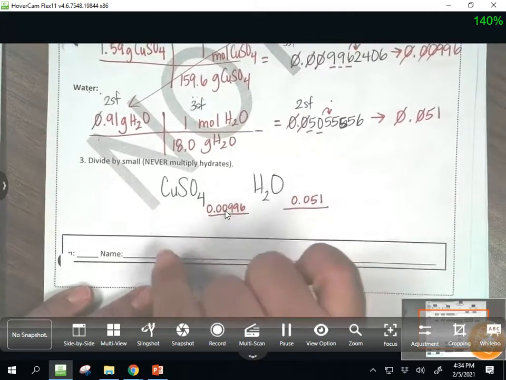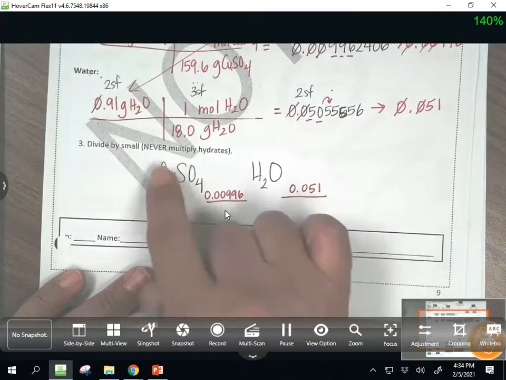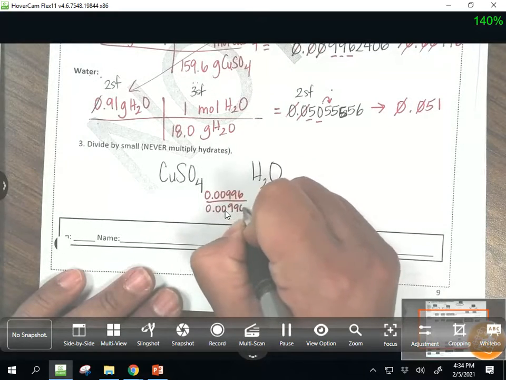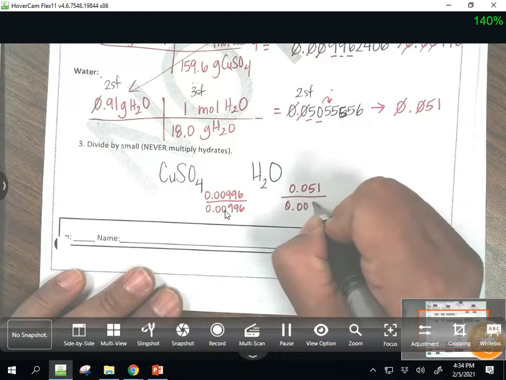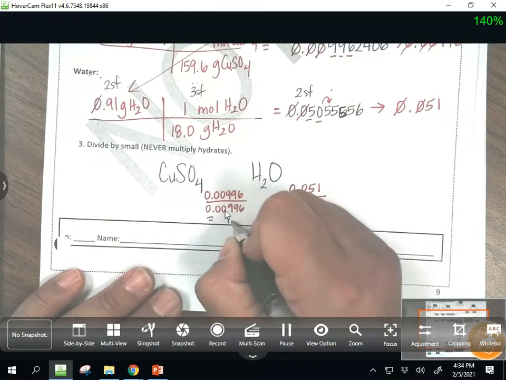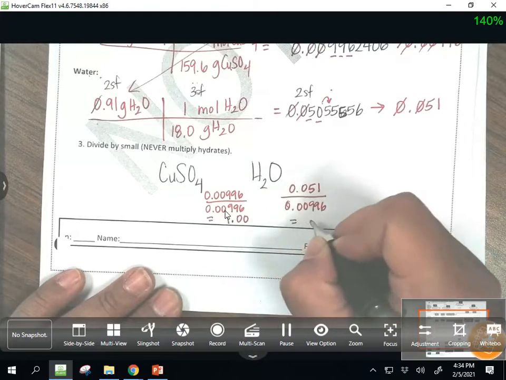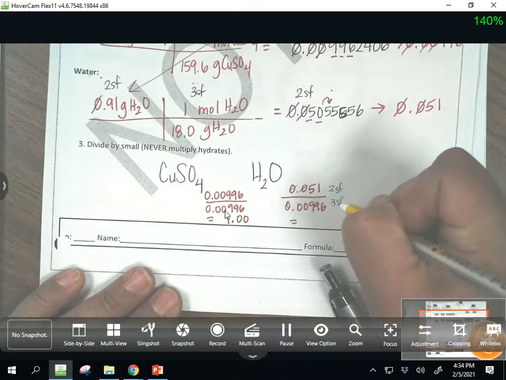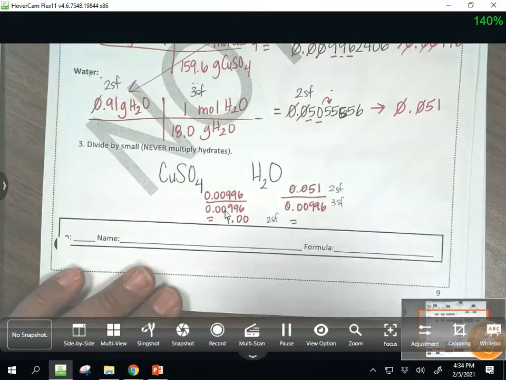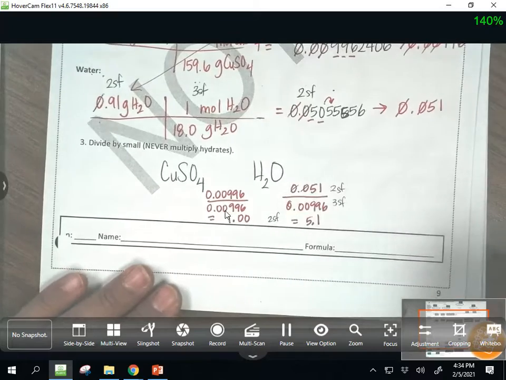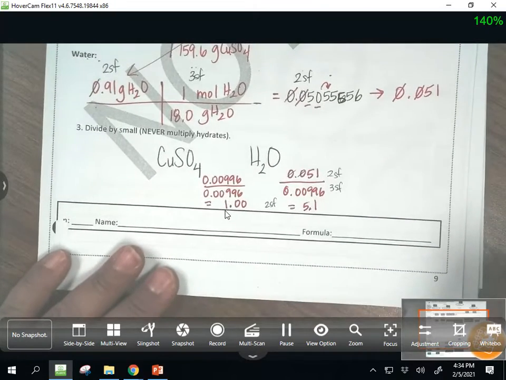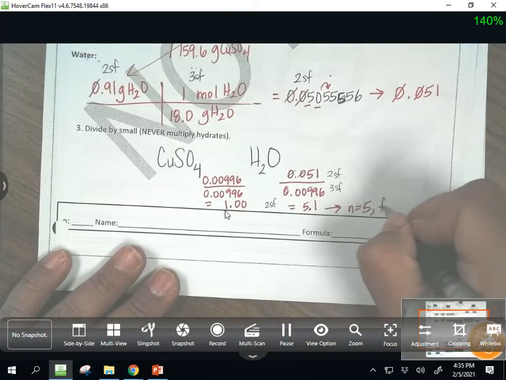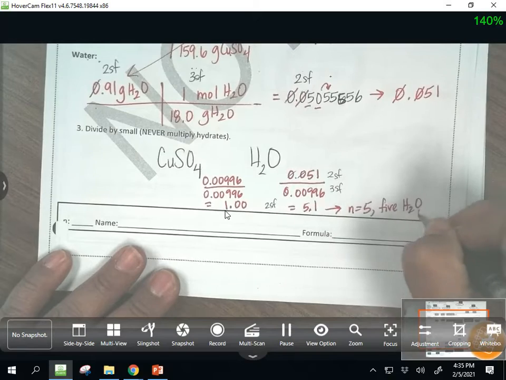I'm going to divide by small, which is always going to be the formula unit's mole amount. I have to show what those values are. This would be 1.00. This one is 2 sig figs, 3 sig figs. I got to round to 2 sig figs. That gives me 5.1. I can't multiply hydrates. So that means that N equals 5. There's 5 H2O molecules.